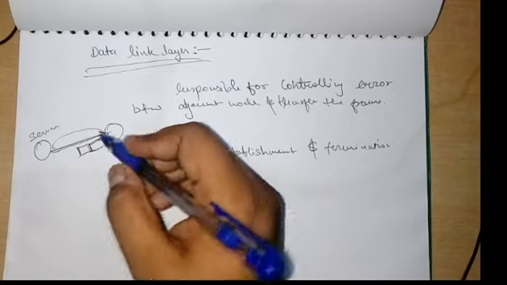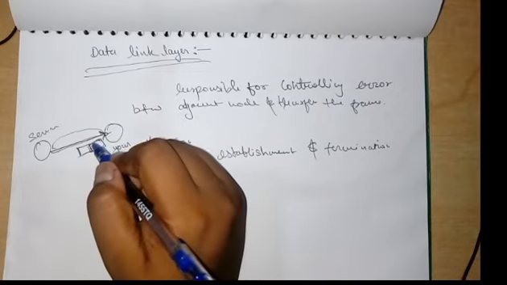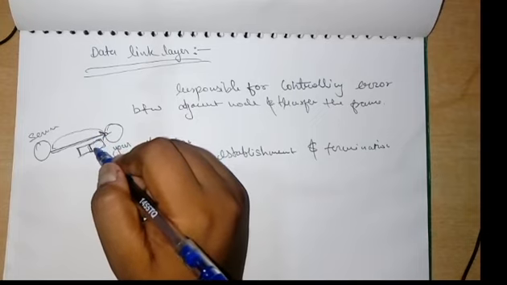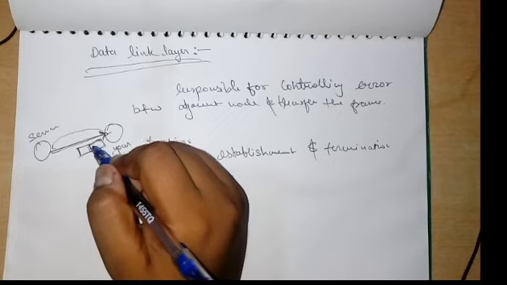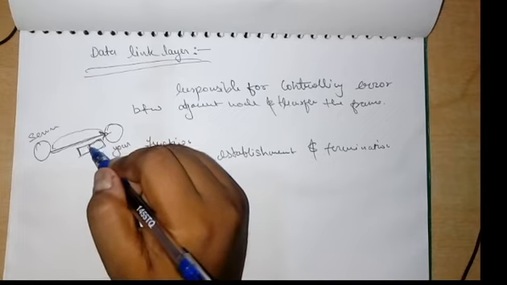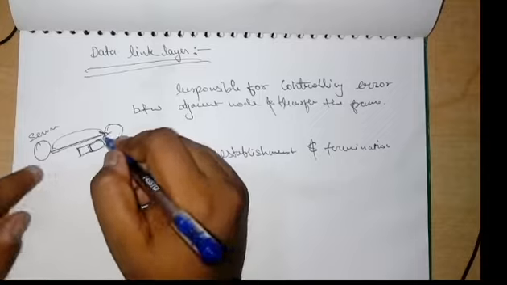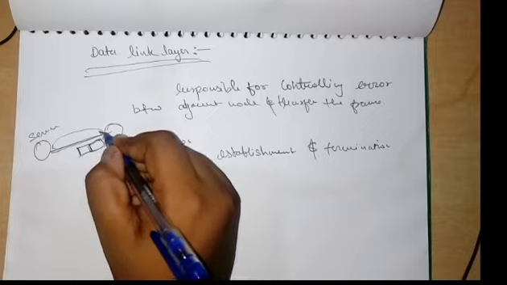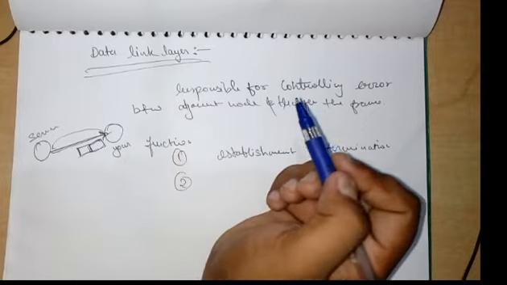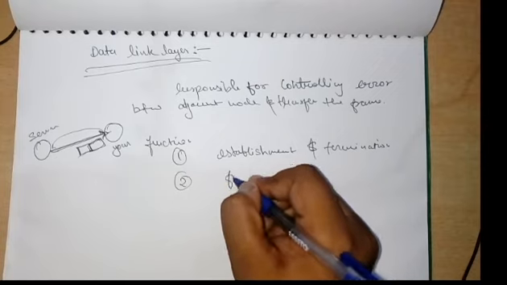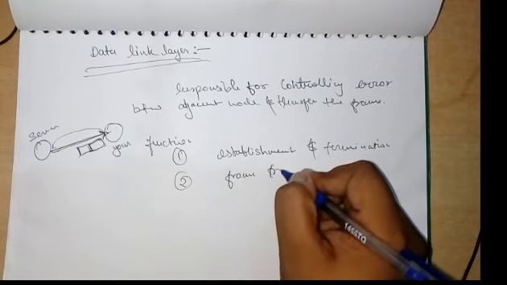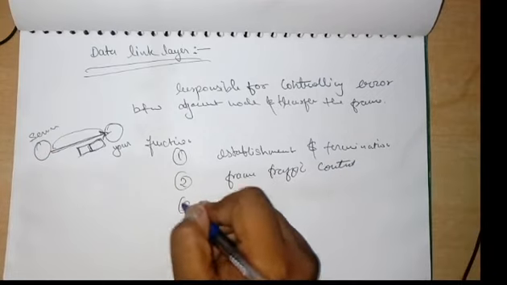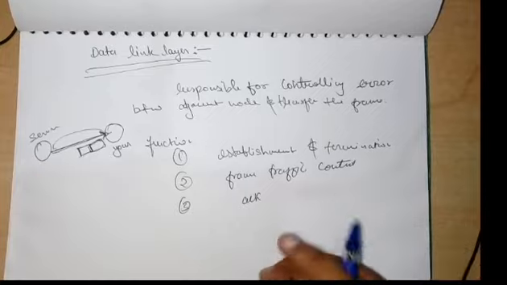If it doesn't give acknowledgement to the server that I have received 5 frames, then after some time the server sends the same frame again until it gets the feedback or acknowledgement. So to control that, data link layer is used. Frame traffic control. Third is acknowledgement, as I told.